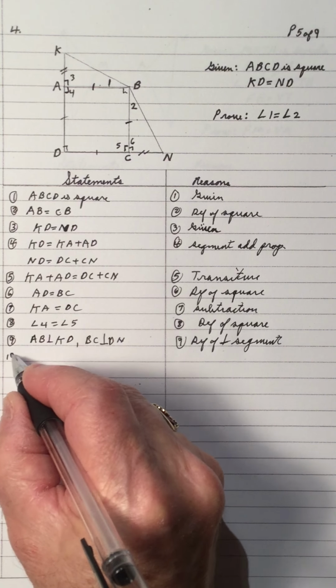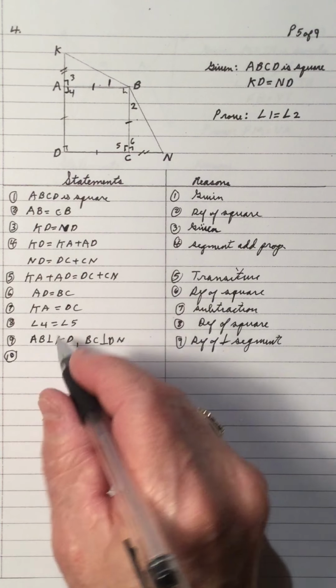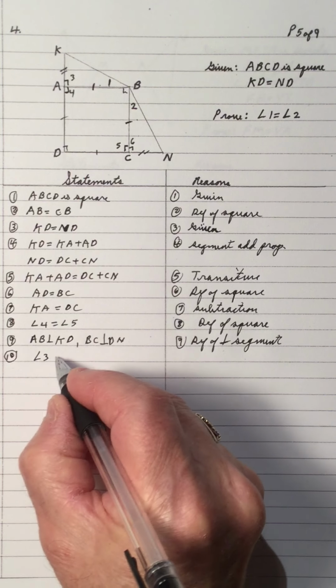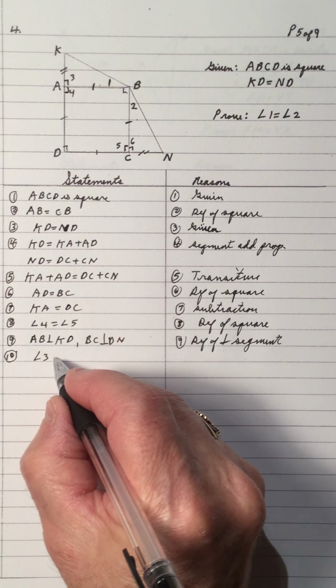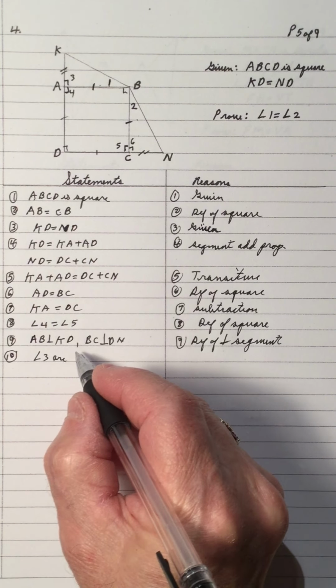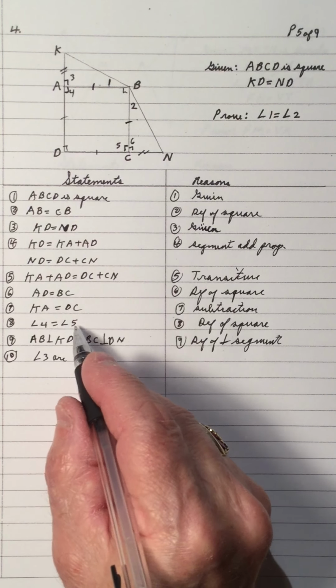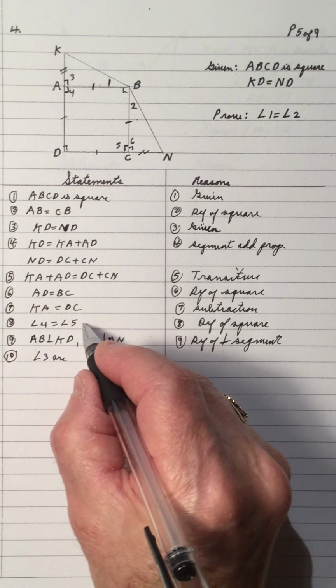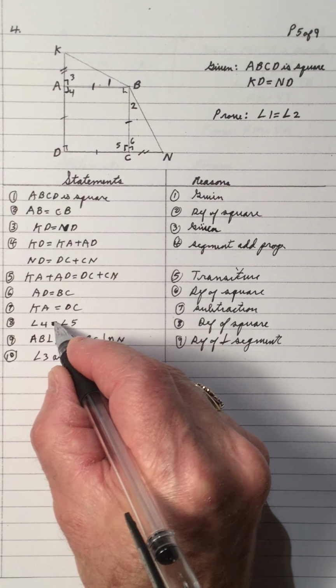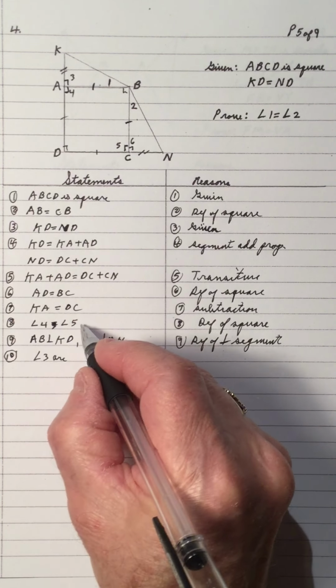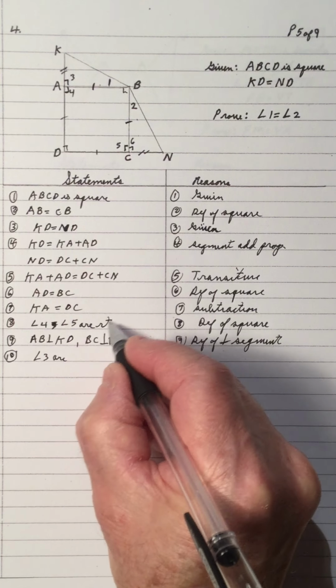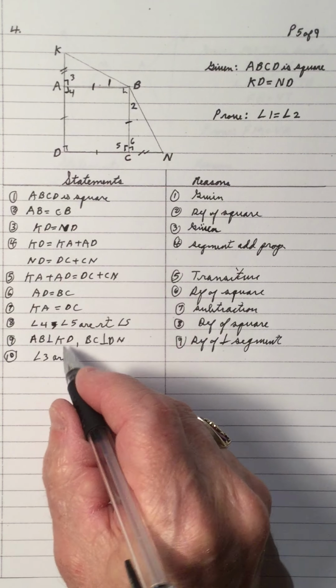So hence, we have that angle 3 and angle 6, we have them equal, the right angles. But what I should say here is that 4 and 5 are right angles.